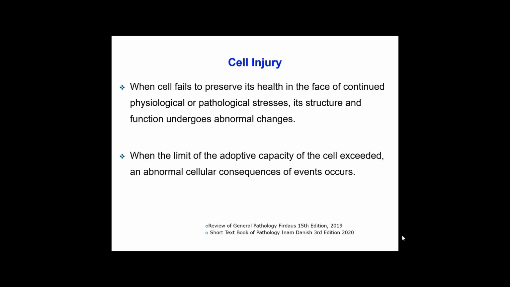But if the cells fail to preserve their health, then the cellular structure and function undergo abnormal changes, which is known as cell injury. The other definition is when the limit of the adaptive capacity of the cell is exceeded and abnormal cellular consequences occur, known as cell injury.